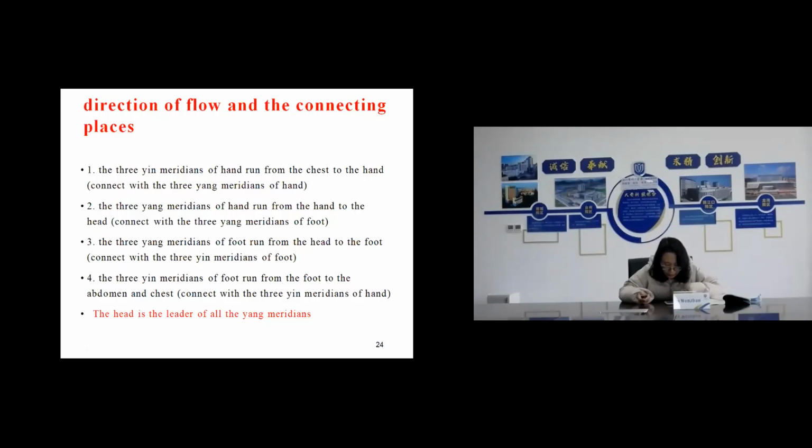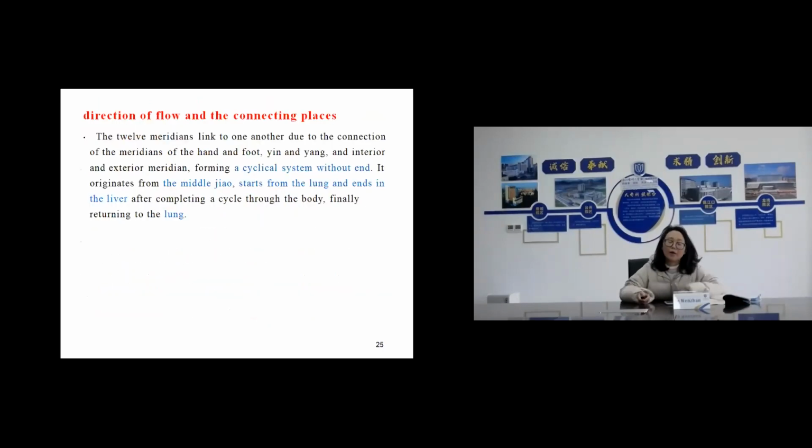The 3 yang meridians of the foot run from the head to the foot. And the 3 yin meridians of the foot run from the foot to the abdomen or chest. So the 12 regular meridians link with each other like a circle, forming a cyclical system without end.